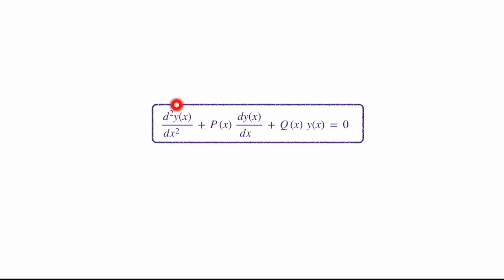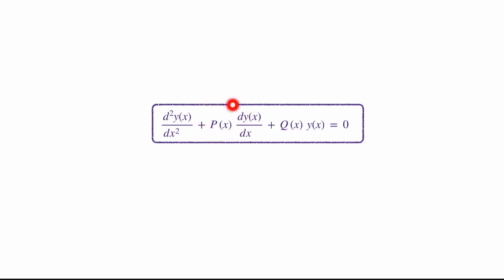d square y by dx square plus p of x dy by dx plus q into y is equal to 0. So in this case, we are looking at the solution at the regular singular point, and we assume that the point is at x is equal to 0.